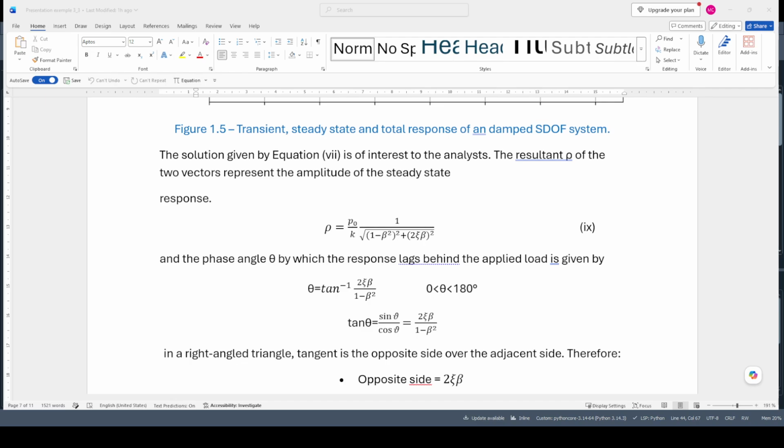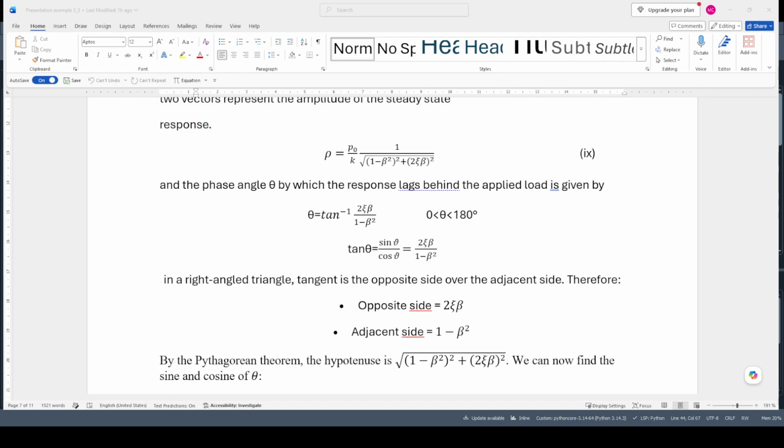We can write in this way: tangent of theta is equal to the argument of the inverse of tangent, and we can remember that in a right angle triangle the tangent is the opposite side over the adjacent side.